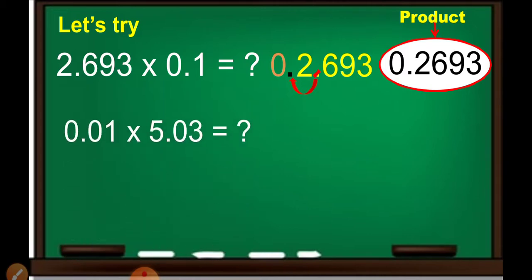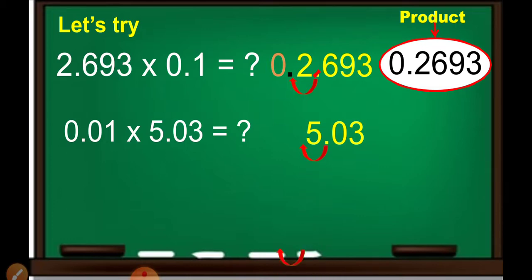Next, 0.01 times 5.03 is equal to n. The given power of 10 is 0.01 and there are two decimal places in 0.01. So from 5.03, we will move the decimal point to the left two times.